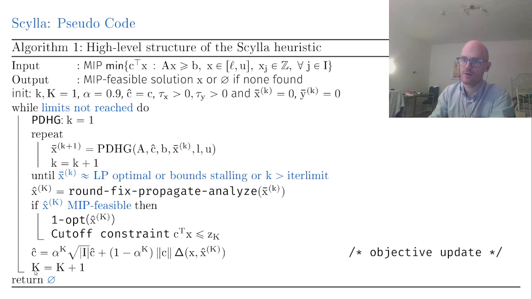And then we increment our outer iteration, and as a final step, we also modify our objective function to be a sum of the previous objective vector and a projection part, in that case an L1 projection onto the polytope of the previous integer point.